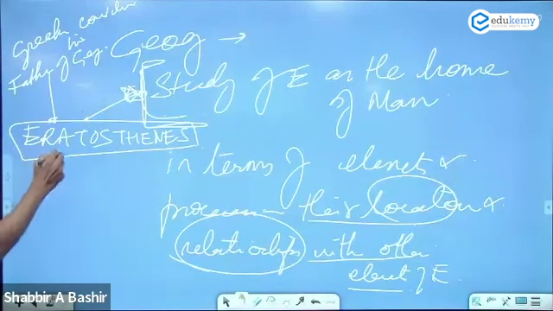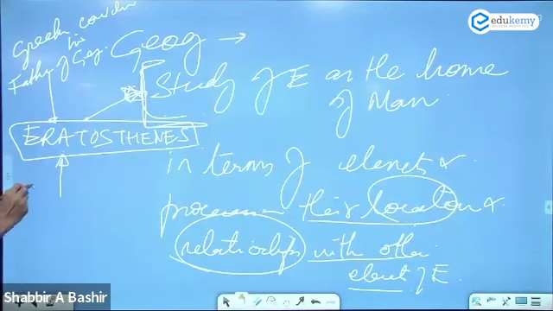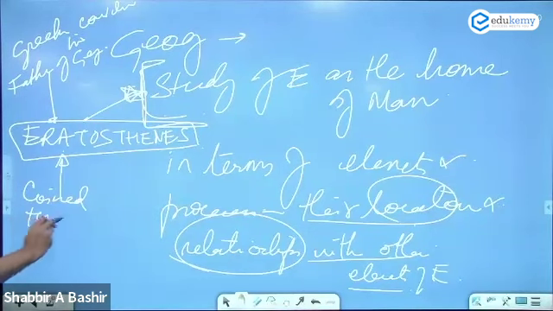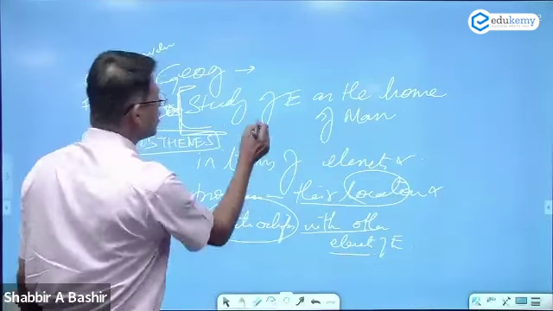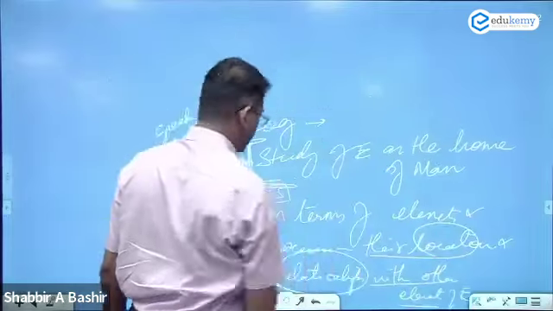In fact, this man, he coined the word geography. The word geography, किसने पहले बनाया था? He coined the word geography. The study, ये बहुत important statement है. Study of Earth as the home of man.